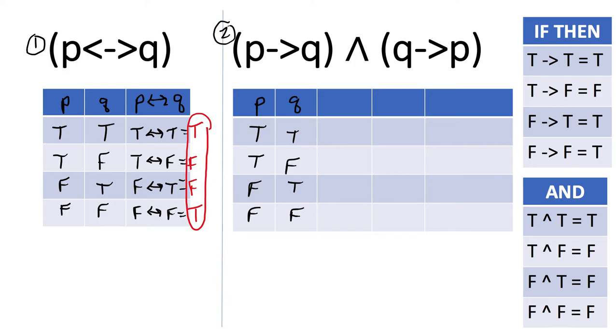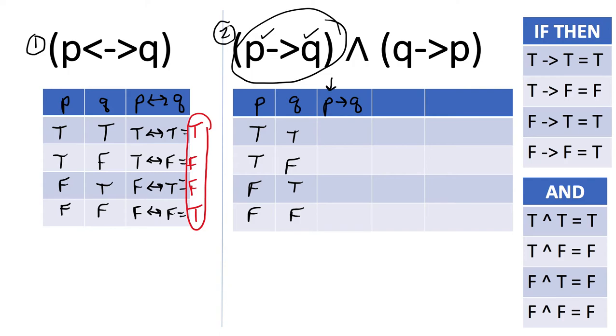All right, we'll now look at problem number 2. So on problem number 2, as we look at building the left-hand side, I notice that I have a P column, I have a Q column, but I don't have a column where I have the if-then arrow in between. So that's going to be the first thing that I'm going to do. I'm going to start by copying.